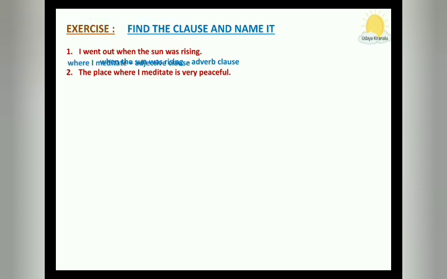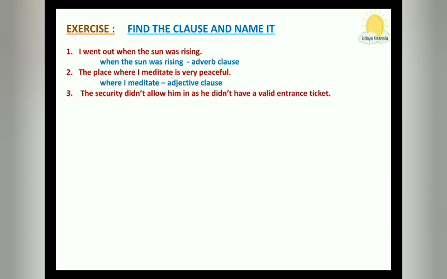Here, where I meditate is an adjective clause because it is referring to a particular place. And the third one is, the security did not allow him in as he didn't have a valid entrance ticket. The clause is as he didn't have a valid entrance ticket. This is an adverb clause because it is giving us a reason.